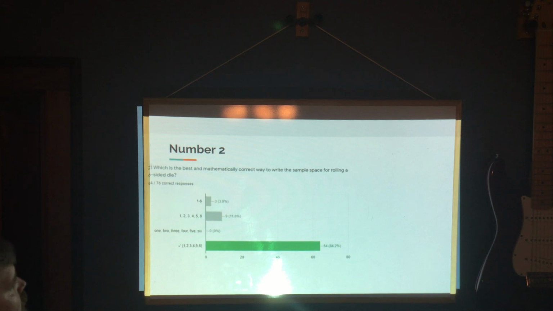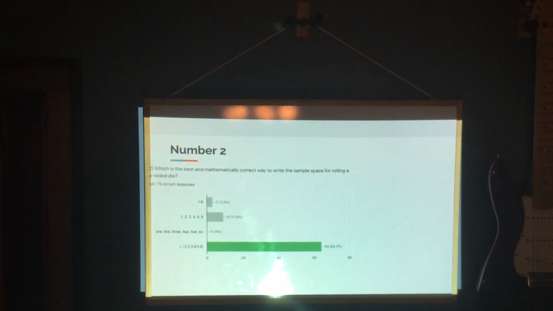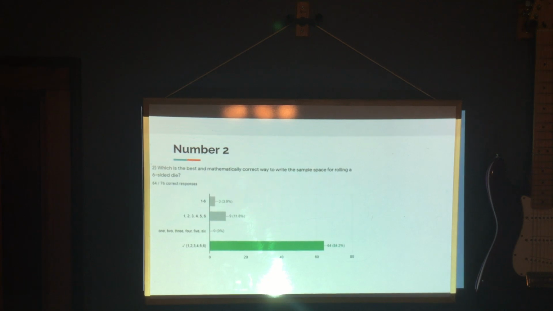The most common missed answer was outcome. Number 2 says, which is the best and mathematically correct way to write the sample space for rolling a six-sided die? I'm going to attempt to move this over just a little bit. Okay. So remember, a sample space is a set, so it has to have those squiggle brackets.